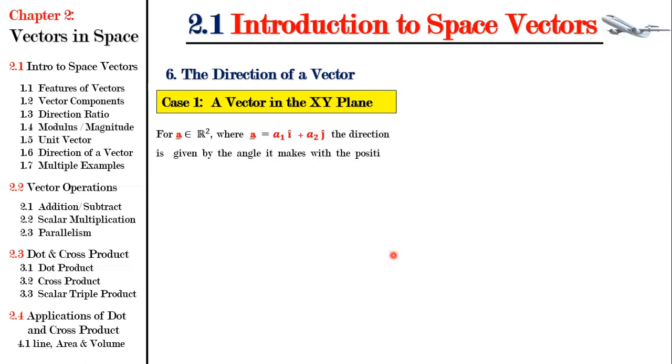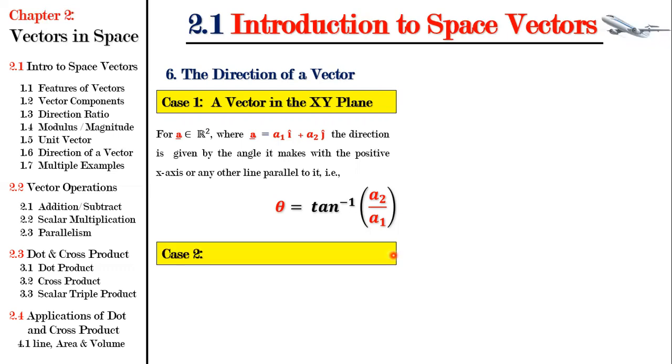If you have the vector A equals A1 i plus A2 j, then its direction is the angle it makes with the positive x-axis or any other line parallel to the positive x-axis. If you call that angle theta, then theta is equal to tan inverse of the j component over the i component, that is theta equals arctan of the j component over the i component.